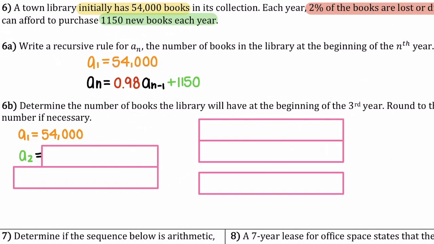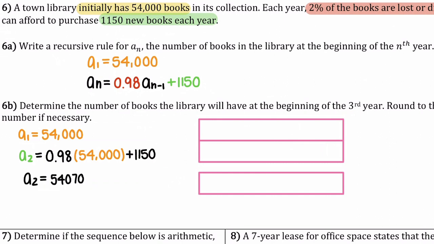So a sub 2 is the same thing as 0.98 times, again in English, just saying the previous term. Previous term is 54,000 plus 1,150, giving us 54,070 books.